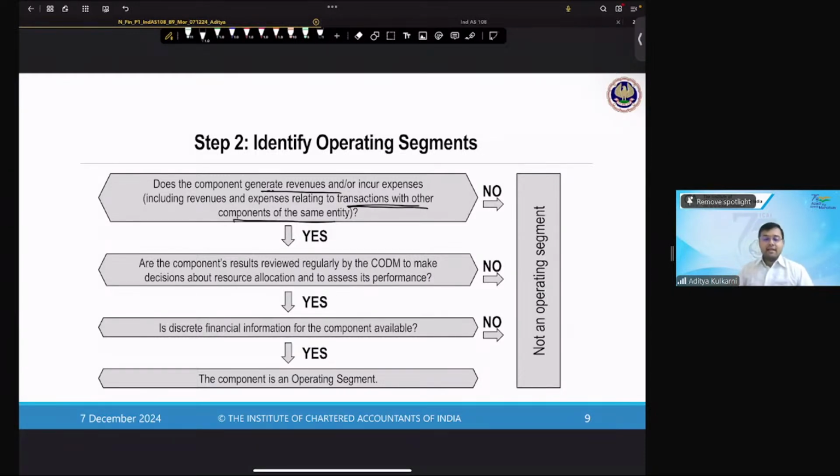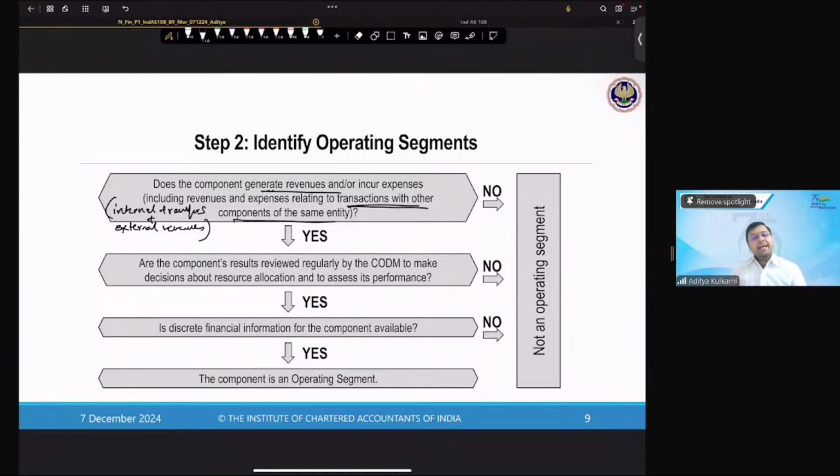Only internal revenues. It is generating, but only internal. So does the component generate revenues? That is internal transfers plus external revenues. Both of them or at least one of them must be there.